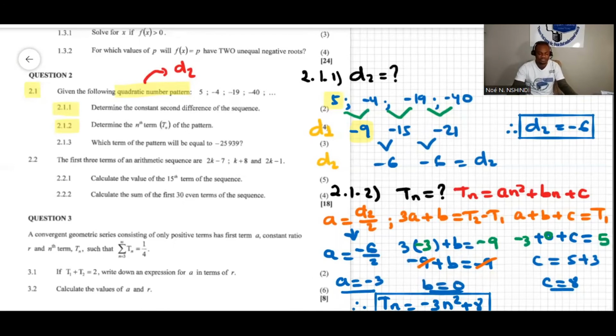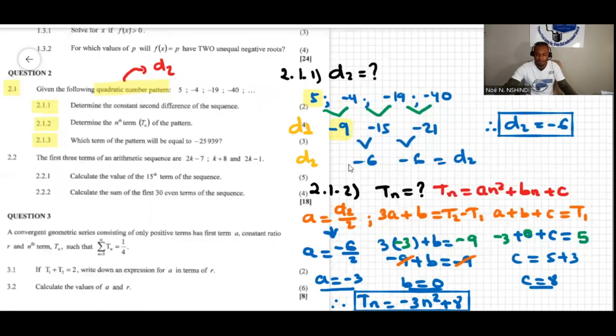The following question is question 2.1.3. The question says which term of the pattern will be equal to negative 25,939.